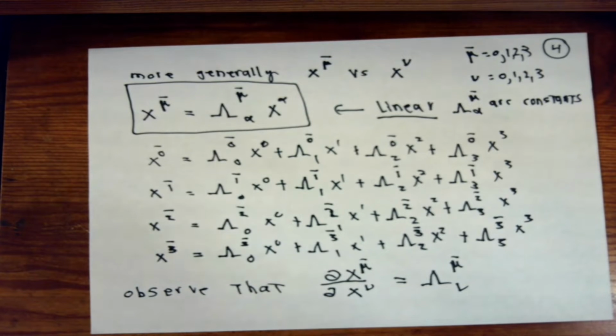So in general, when we write out a linear transformation like this, we'll have 4 equations, each one of which has 4 terms, and these lambdas are partial derivatives of the new coordinates with respect to the old coordinates.